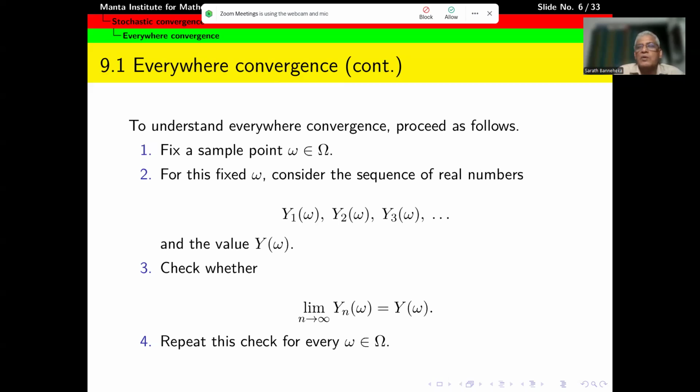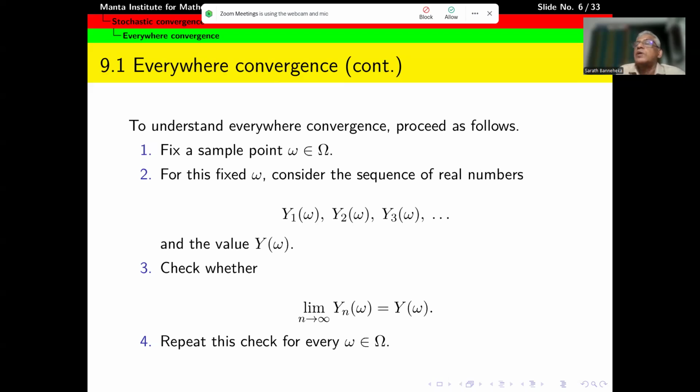So as I have already mentioned, let's consider a fixed simple omega in capital omega. Capital omega is the sample space. Simple omega is an outcome. For this fixed simple omega, consider the sequence of real numbers. Say y1 is some function of data.